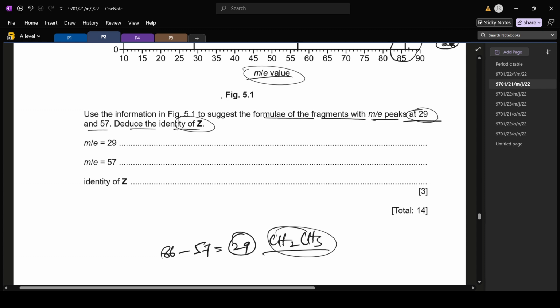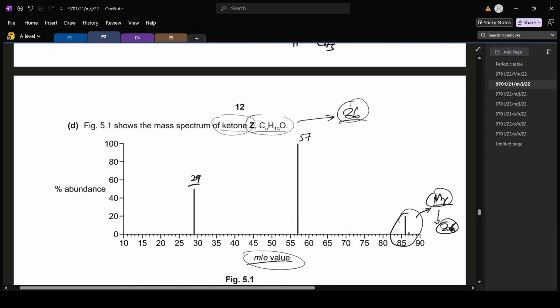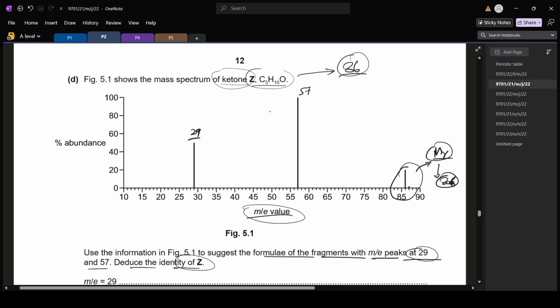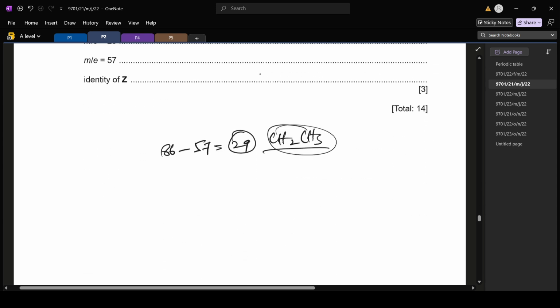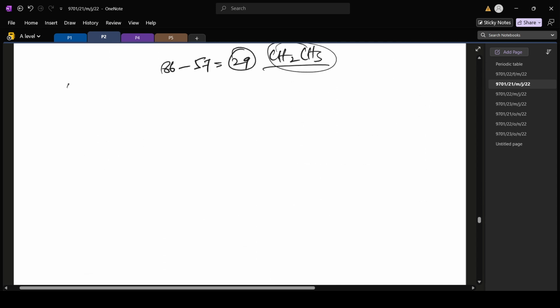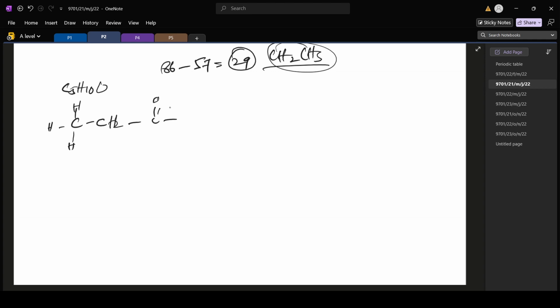So first, you should have drawn all the possible isomers of ketone Z. Here we have C5H10O, and if you draw the possible isomers: CH3, CH2, C double bond O, CH2, and CH3.